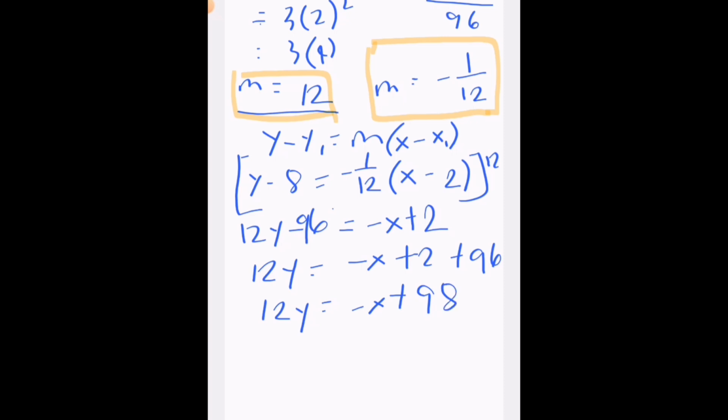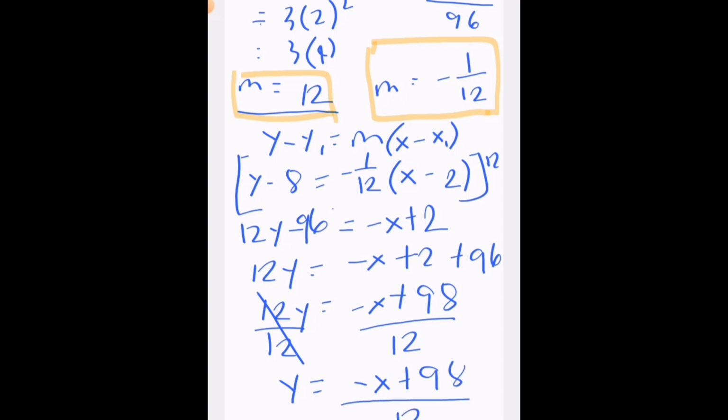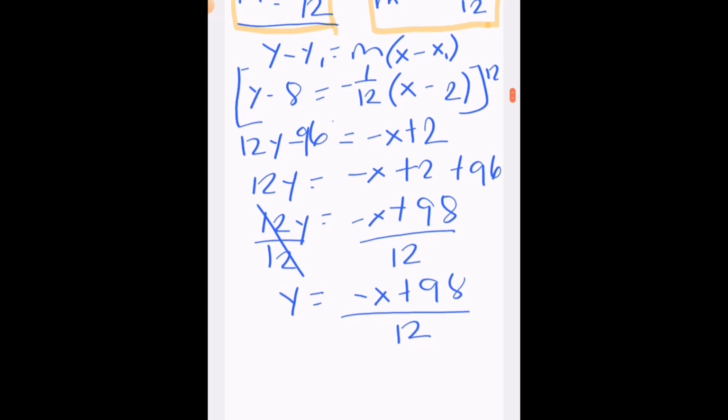Since our goal is to put this equation into slope-intercept form, we will divide both sides by 12 to eliminate the 12 in the term 12y. That gives us the equation y equals negative x plus 98 all over 12. So this is now your equation of the normal line.